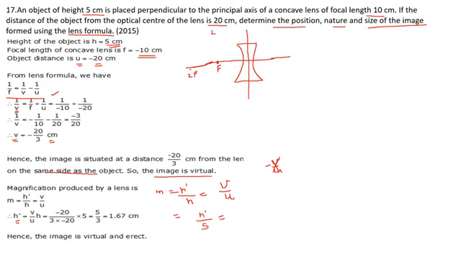Distance of image from the lens was minus 20 upon 3, so I'll take minus 20 upon 3, and object distance is minus 20, so I'll take minus 20. So if I solve this, I will get h dash upon 5 is equals to minus 20 divided by minus 60. This minus will go off.